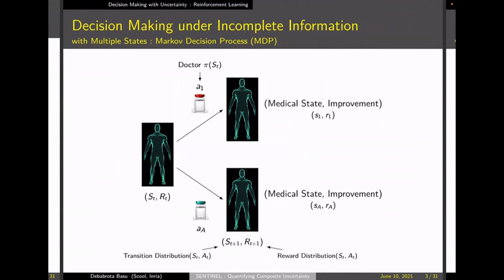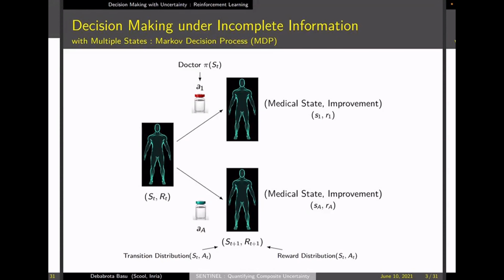If it chooses the medicine A1, the person goes to a medical state, say S1. If it chooses another medicine, say A2, it goes to S2 and so on. Then the doctor observes some kind of improvement, R1 to RA, possibly for applying each of these medicines on the person.